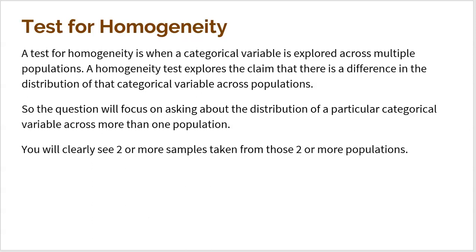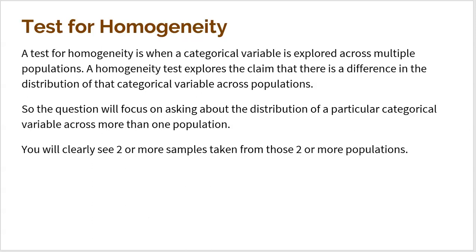But if I introduce another categorical variable, and that would be the distribution of those types of vehicles across Germany, Russia, Spain, United States, Canada, maybe 5 different countries. So now I'm looking at 5 different populations, these 5 different countries, and the distribution of those car types across those different populations.